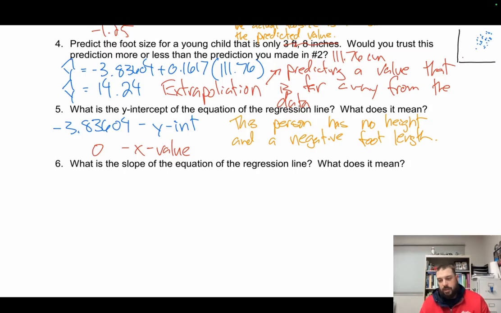All right, so as we think about this, is that possible? No, and that's what we would call nonsense. So in prediction models, this is a line that will go on forever. We can get to points that don't make sense contextually. We can't have someone with no height, and we can't have a negative measurement, so it doesn't make sense for us. We will still talk about it, and it's helpful to maybe graph at times, but in the context, this actually does not make sense.